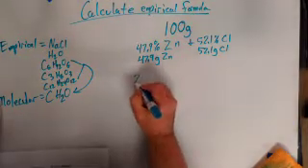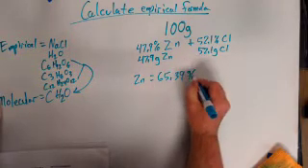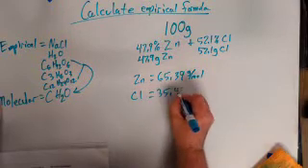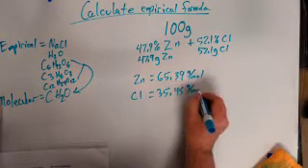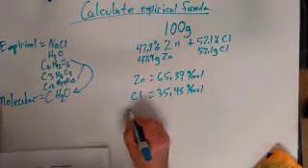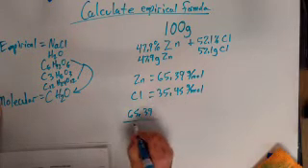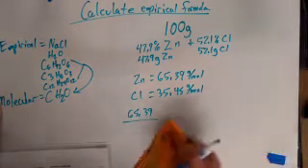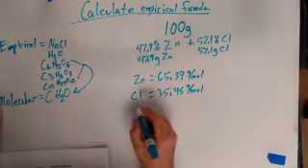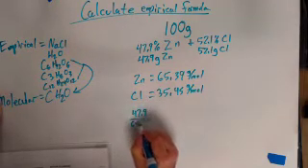All right, so zinc is 65.39 grams per mole, and chlorine is 35.45 grams per mole. So we do like we've been doing. We're going to take the mass that we have, 47.9, divided by 65.39.